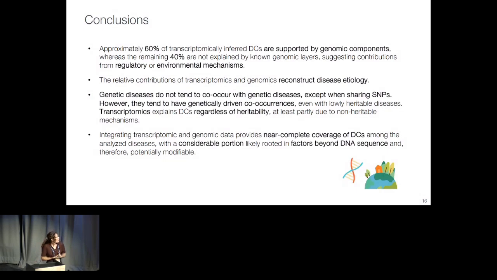However, they tend to have genetically driven co-occurrences even with lowly heritable diseases. On the contrary, transcriptomics explains disease regardless of heritability, and at least partly due to non-heritable mechanisms. And finally, as a high-level conclusion, integrating genomic and transcriptomic data provides near complete coverage of disease among the analyzed diseases, with a considerable portion likely rooted in factors beyond DNA sequence and therefore potentially modifiable.